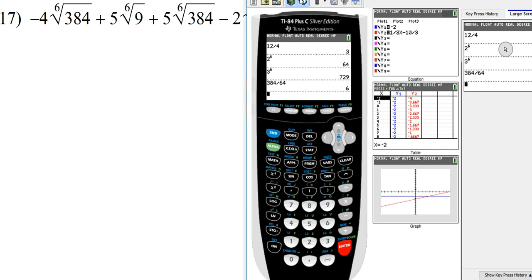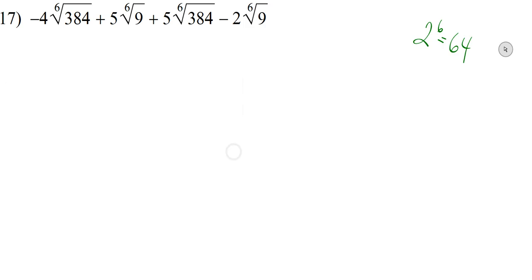Also, just let it be known, I didn't do 12 divided by 4 in the calculator. I know that one. Anyways, 384 divided by 64 is 6. So this can be split up into 64 times 6, which means that this one also can be split up into 64 times 6.